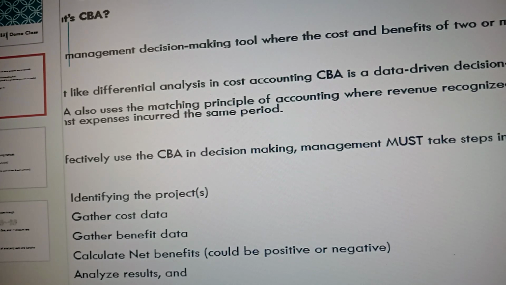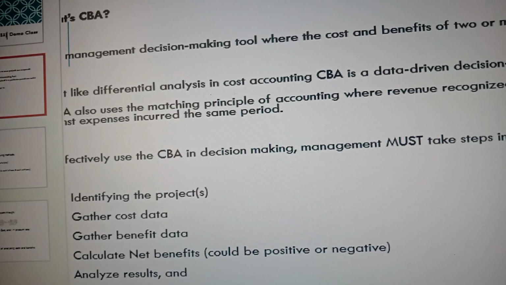It also uses the matching principle of accounting, where revenue recognized in a particular period is matched against expenses in the same period. So it is a very important decision tool.